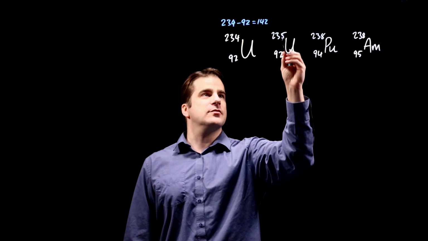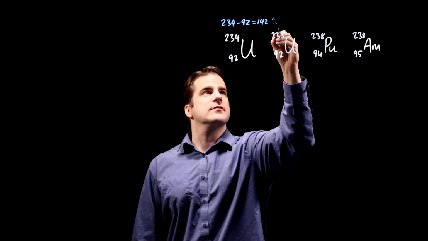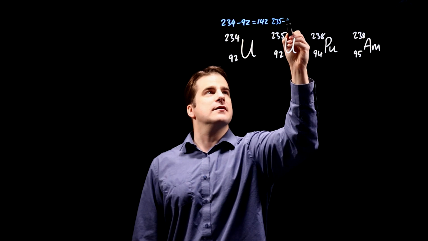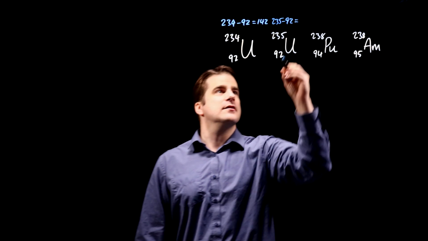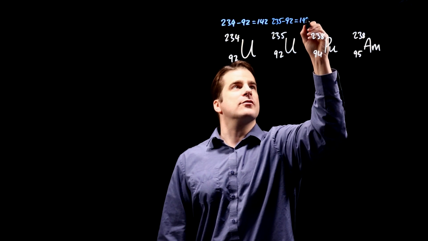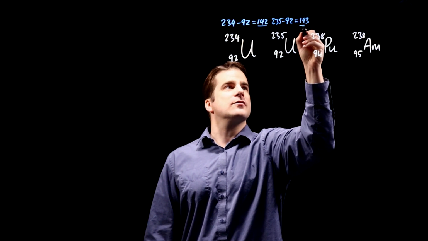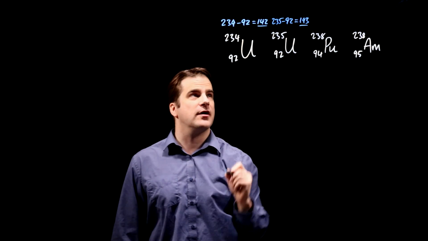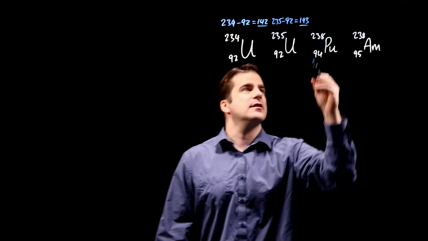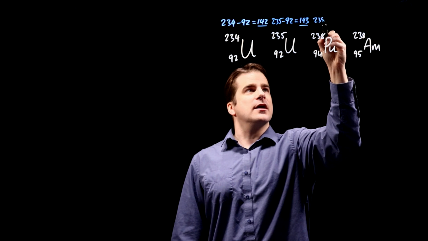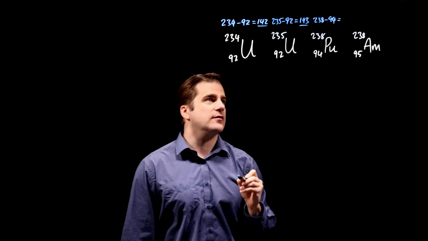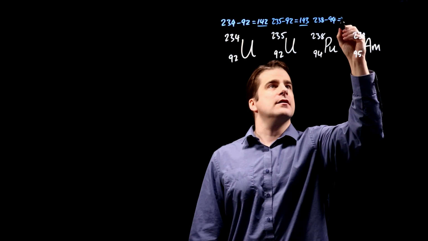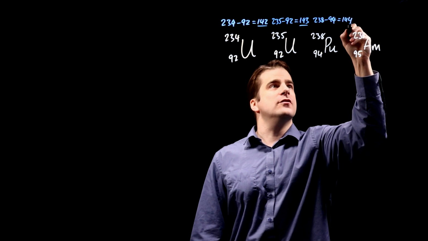Right, this one, 235 minus 92 is 135 plus 8 is 143. So uranium-235 has 143 neutrons. 238 minus 94 is 138 plus 6 is 144 neutrons.